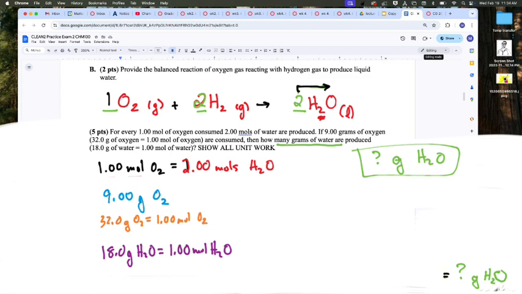Which means what I now need to do is take all of this information I've been given and structure it so that the units cancel out and I end up with grams of water. That's what I want. Okay? So where should I start? And this is a nasty question when it comes with conversions, because where can you start?